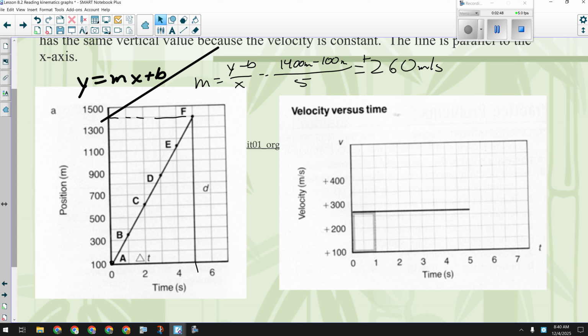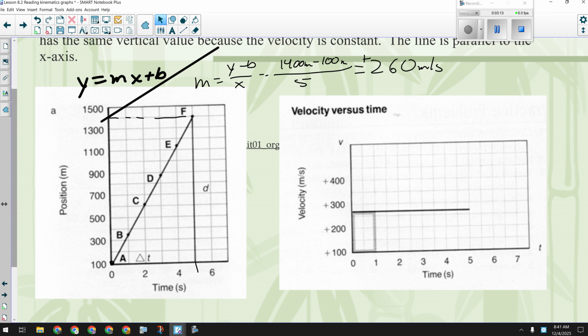That's a velocity versus time graph there on the right. What is that object doing? Velocity is on the y-axis, time is on the x-axis. What's happening to that object's velocity? It's the same.